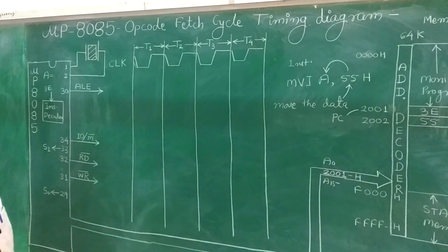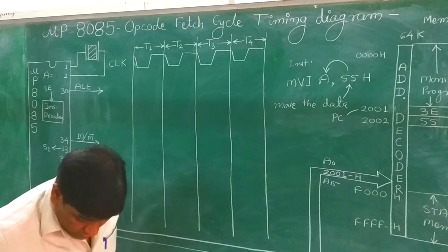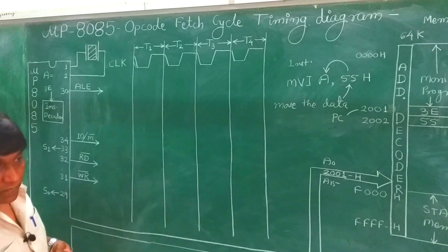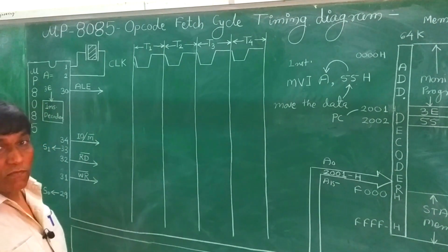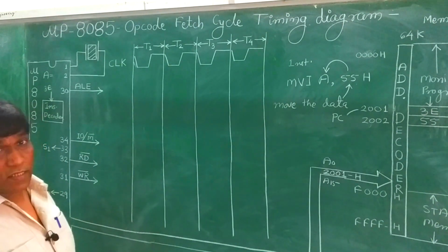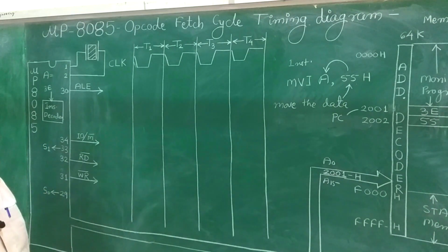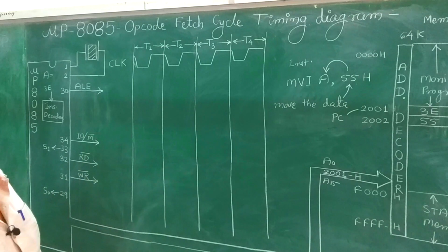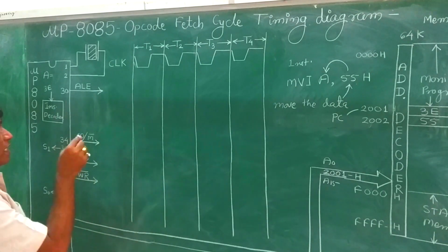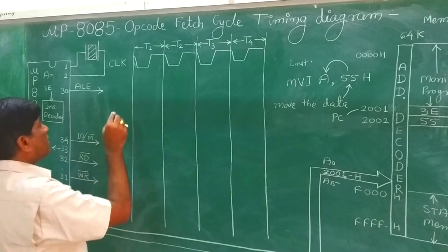So this transfer of 3E, which is the operation code, we have to understand, and we have to see the different timings. At what time are what activities to be carried out? We start this because 4 T states are required.